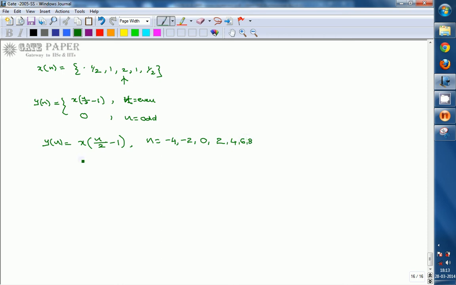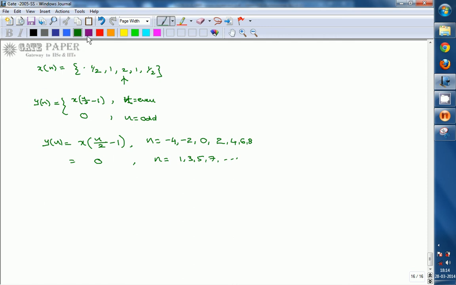And this is equal to 0 for odd values of n like 1, 3, 5, 7 and so on. Then by substituting the even indexed values, we can find the values of y of n here.